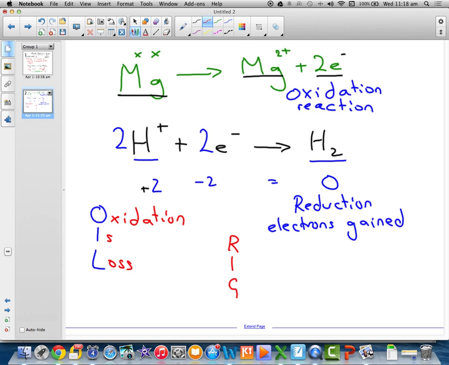So the acronym is oil rig. And so the rig bit is reduction is gain. Okay, so we say that the magnesium has been oxidized, and we say that the hydrogen ions have been reduced. Okay, so the magnesium atoms have lost electrons, so they've been oxidized, and the hydrogen ions have been reduced because they've gained electrons.